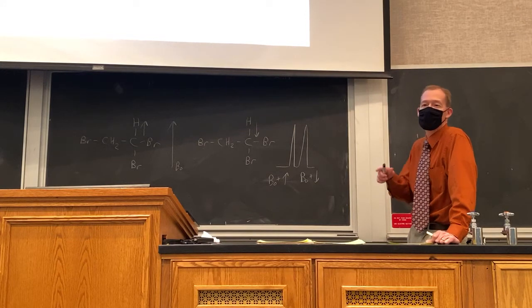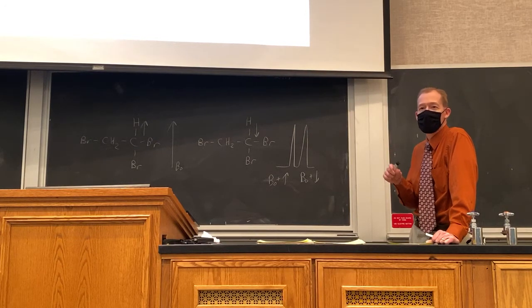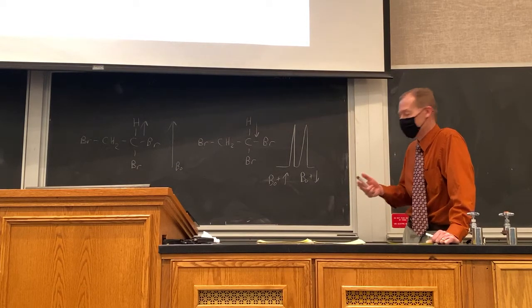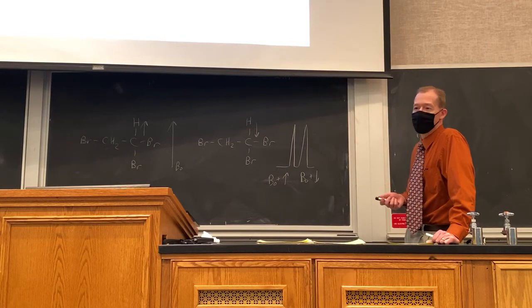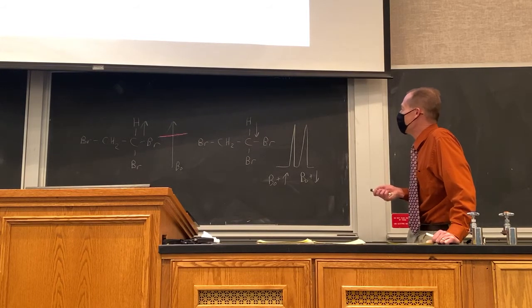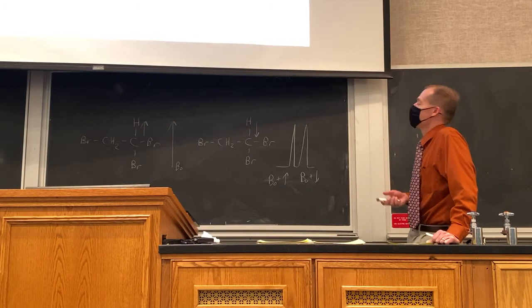That is due to the fact that the energy difference between these nuclear spin states is very small. I mentioned this in our lecture before Thanksgiving. And so that leads to very close to a 50-50 ratio, or a 1-to-1 ratio, of the two nuclear spin states.